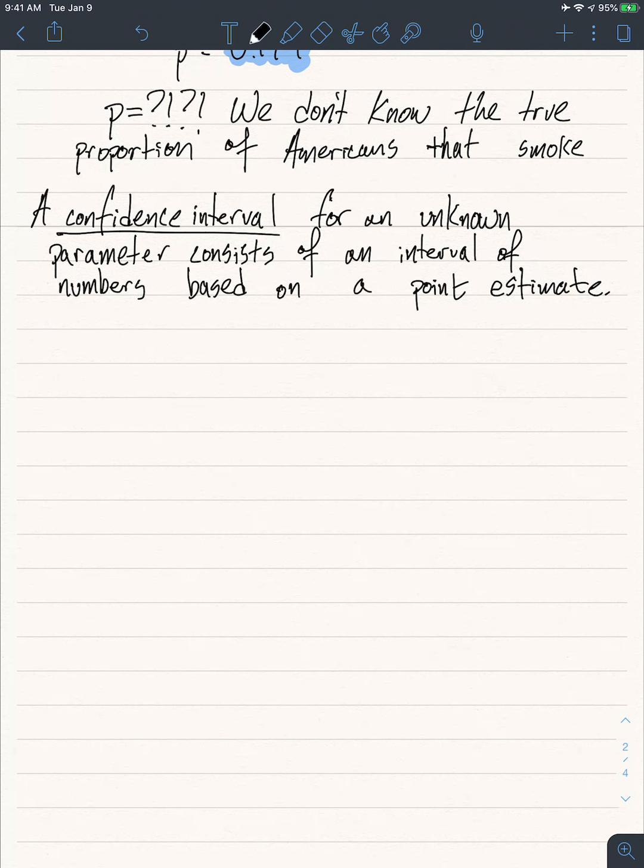Okay, so what we're going to be doing is constructing an interval that hopefully will capture our true parameter.